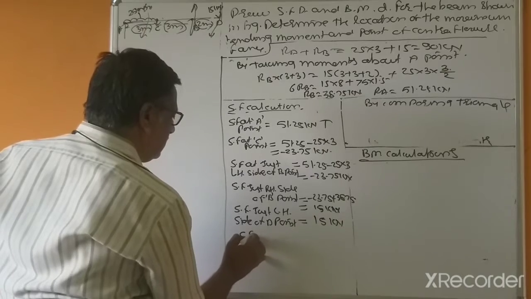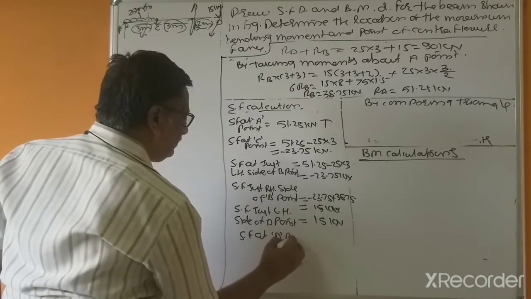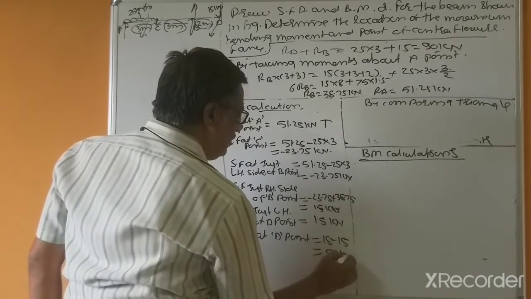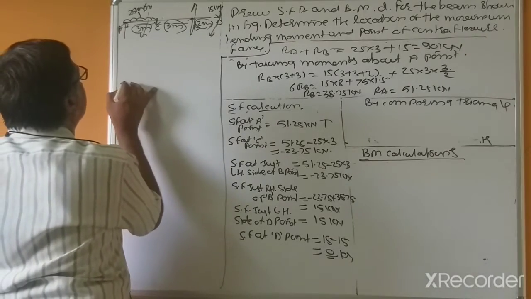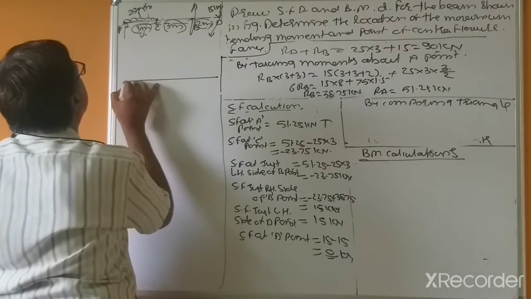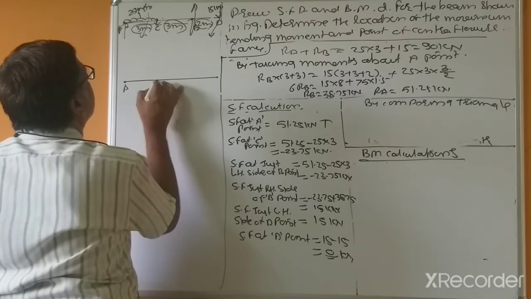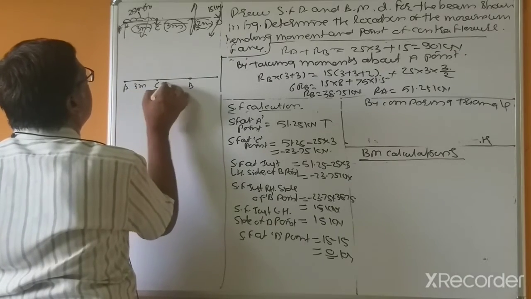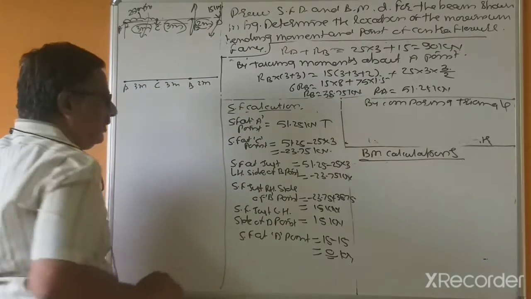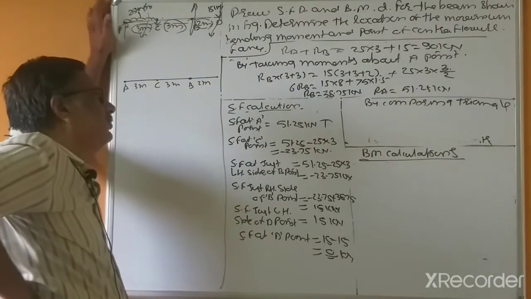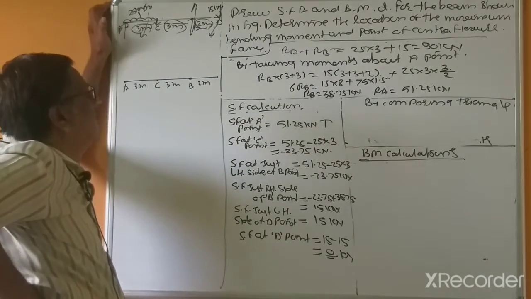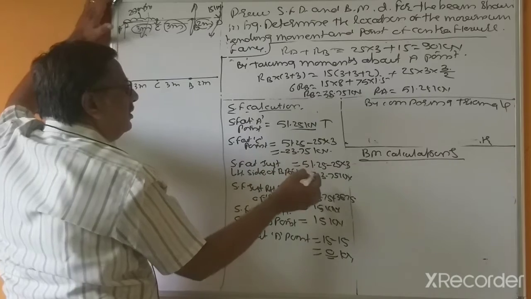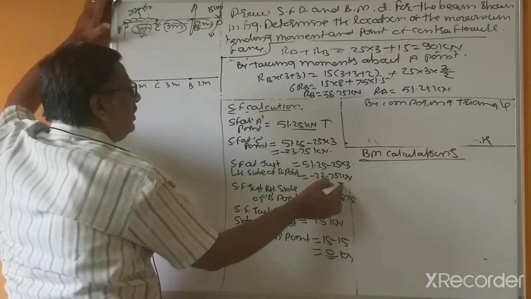Now the shear force at D point is 15 minus 15, which equals 0 kilonewton. So now you can draw the shear force diagram. A point, C point, B point, 3 meter, 3 meter, 2 meter. 51.25 upward, 23.75 downward.